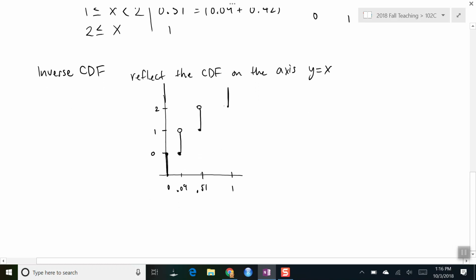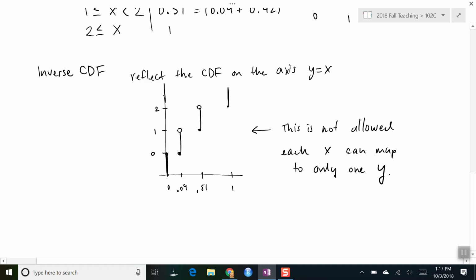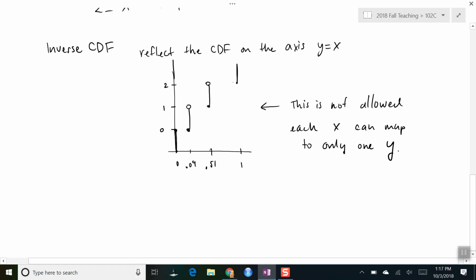Except there's a problem. You can't have a function that looks like this. The rule about a function is that each input on the x-axis gets mapped to one unique value in the y. Here we're mapping them to a vertical segment, which is not possible. So this is not allowed. Each x can map to only one y.